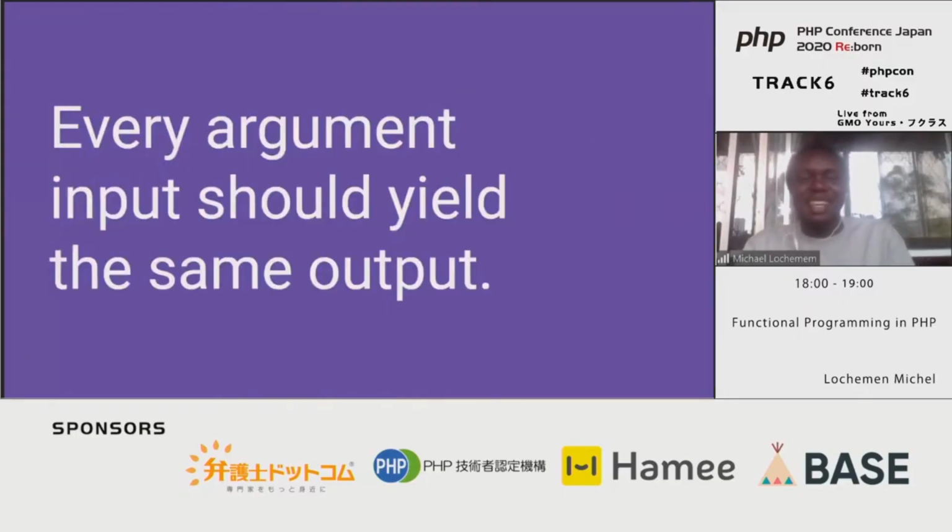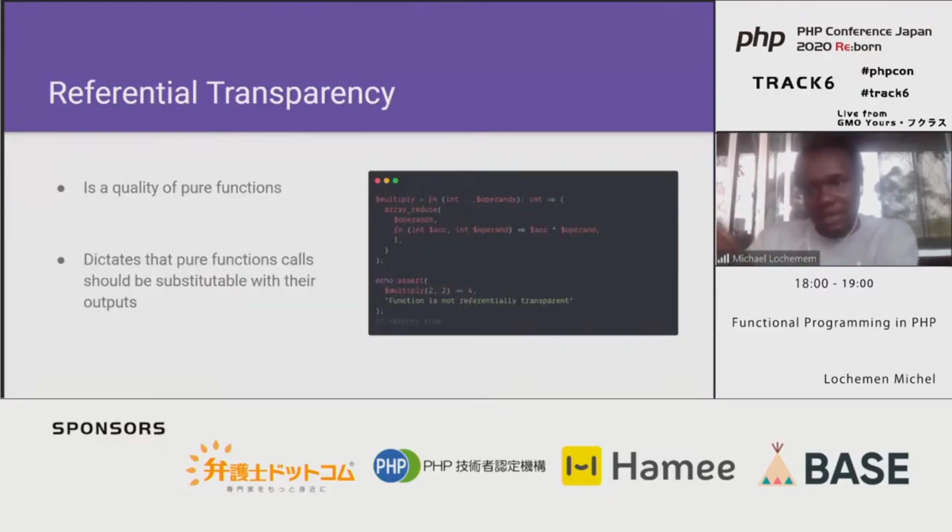Hope it does. The other thing that should be said about pure functions is that every input really should yield the same output. That's another guiding principle, another mantra of functional programming. For every input, you should get the same output. So what does this lead us to?